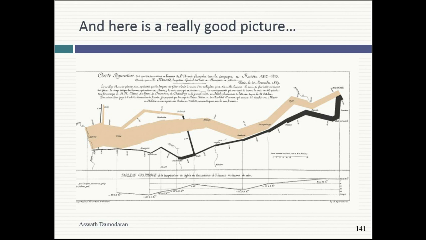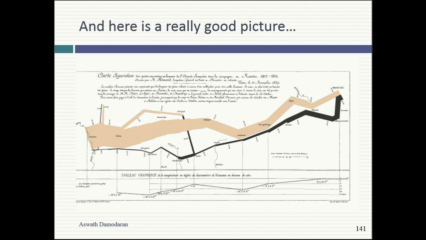So basically, this is the army marching across Europe, and then it's getting into Russia, and it's getting later and later in the year. Keep going, and there they get to the outskirts of Moscow.